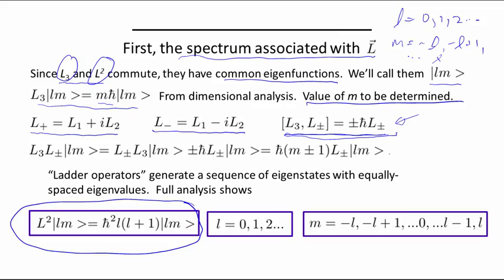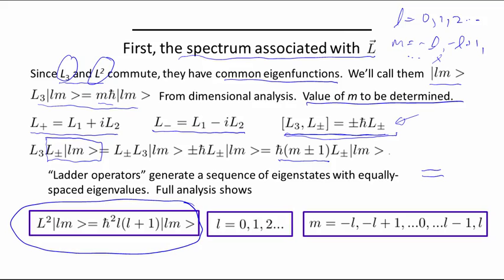which says, for example, when you take this and you now say, all right, let's apply L plus or L minus to this Lm. Is it an eigenstate of L3? And indeed it is, but its eigenvalue of L3 is increased by plus or minus 1 times h bar.